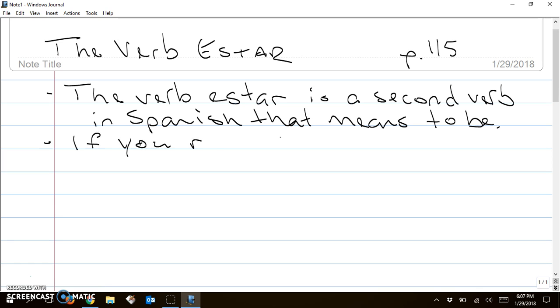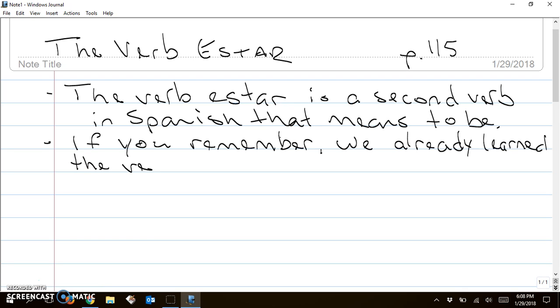If you remember, which I hope you do, we already learned the verb ser. That didn't work out. Let's try this again. The verb ser, which means to be.